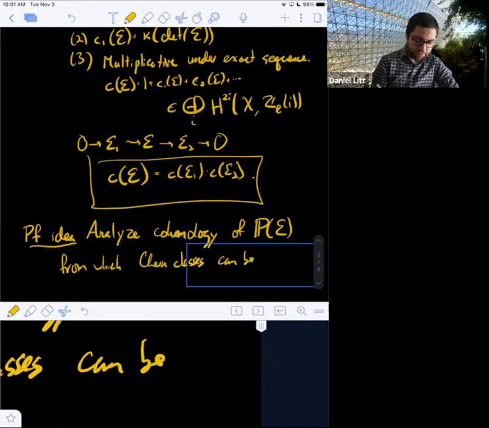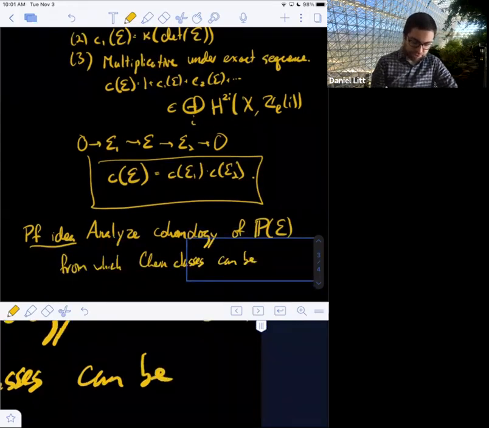So meaning from the cup product on the cohomology of the projectivization.